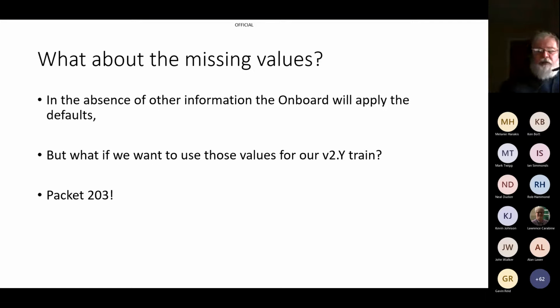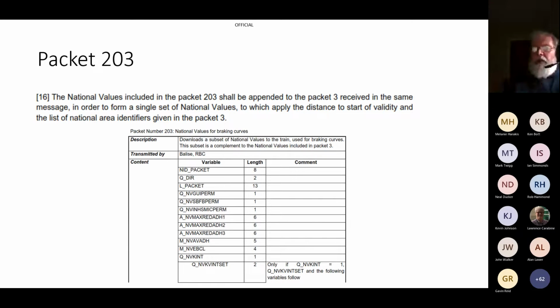If it's sent with version 1.1, a baseline 2 train will ignore the packet because it doesn't understand it, but it won't generate an error. If it's a baseline 3 train, it will read the packet and understand that it needs to add those extra values to the list of values it got in the packet 3 from the baseline 2 version 1.0 trackside.